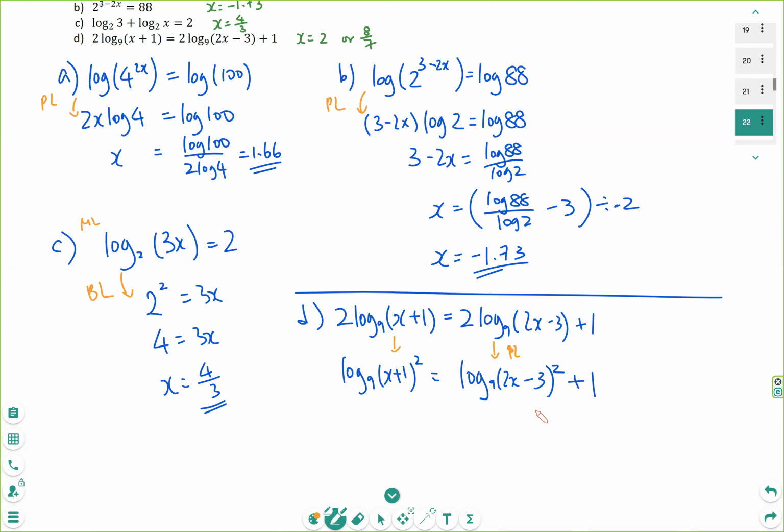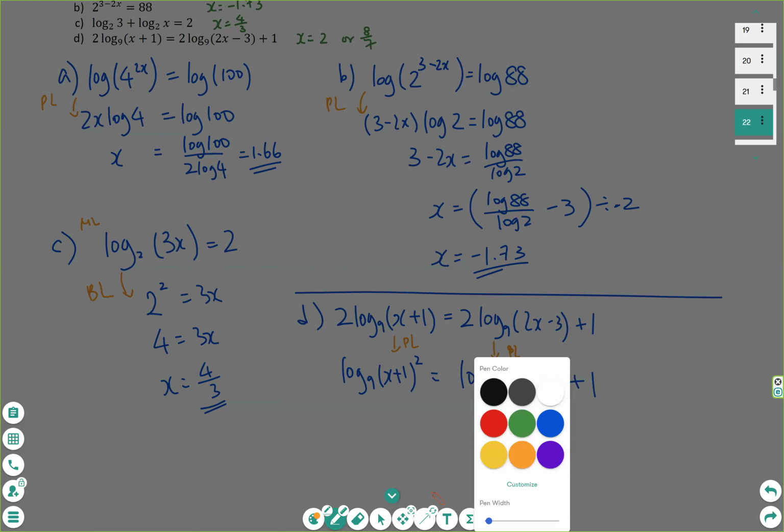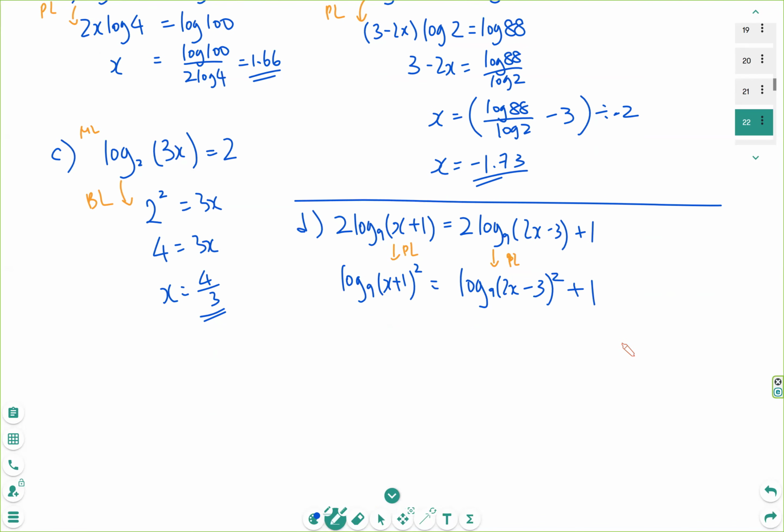Next, we want to bring all the logs on the same side, so we subtract on the left hand side. It becomes log base 9 of (x plus 1) squared minus log base 9 of (2x minus 3) squared equals 1.